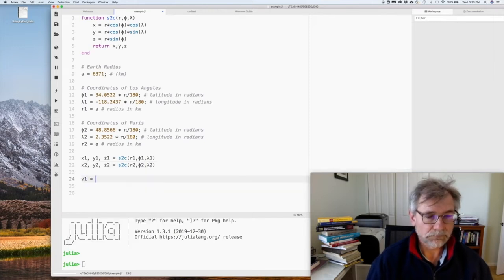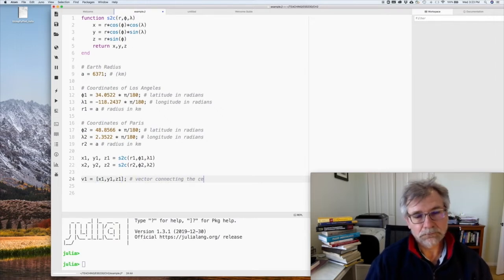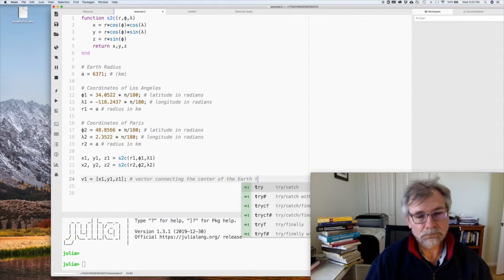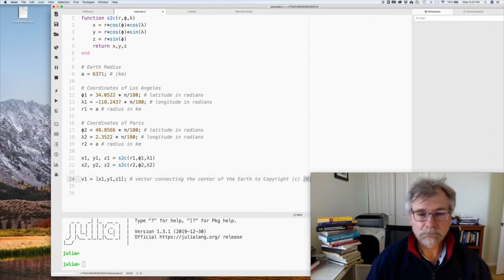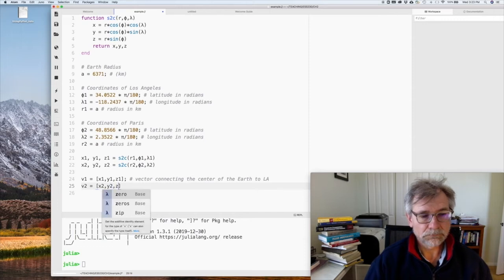Next, I'm going to create vectors, so v1, the vector from the origin to Los Angeles. Then v2, the vector connecting the origin to Paris.